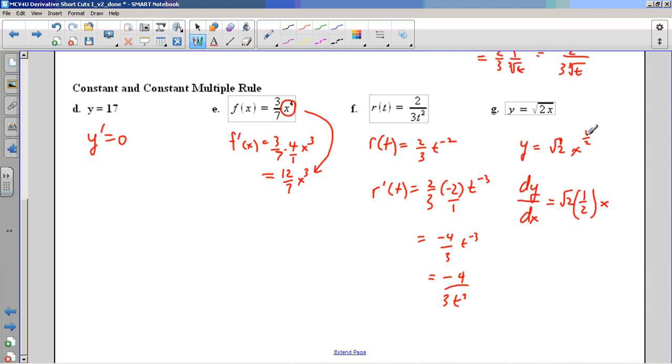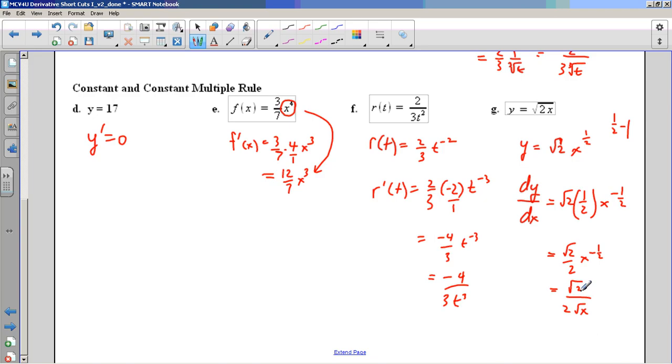Then subtract 1 off of a half. A half subtract 1 is negative a half, right? And then I got to tidy this up. Well, negative a half is in the bottom, and the half is a root, so this is 2 root x. And that still looks pretty nasty.